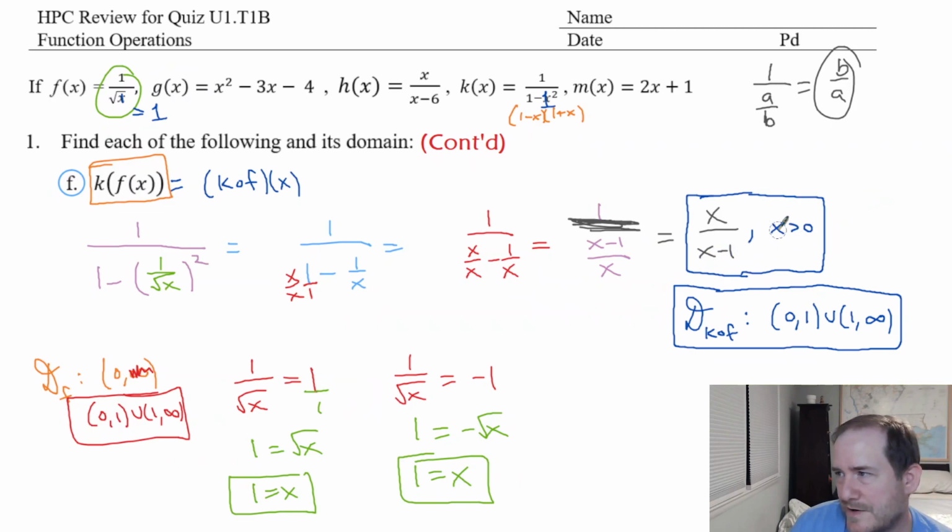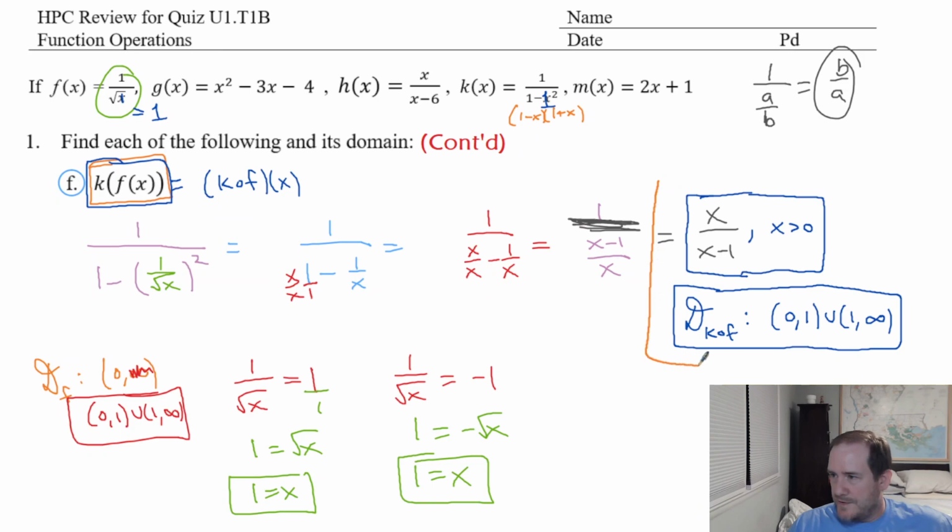But you would have to stipulate here, as part of your function rule, that this expression is only equivalent to the composition if you limit your domain to the x's that are greater than 0. And, by the way, of course you can't have 1, because that would cause us to be undefined. So there. I'm going to put a nice orange box around both of these.